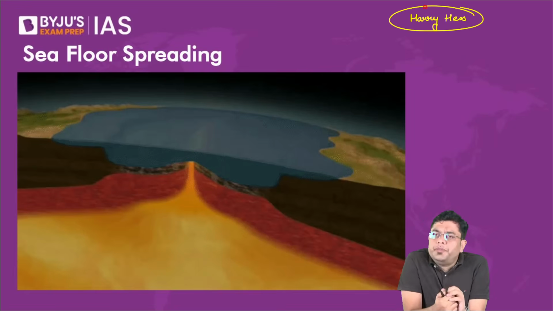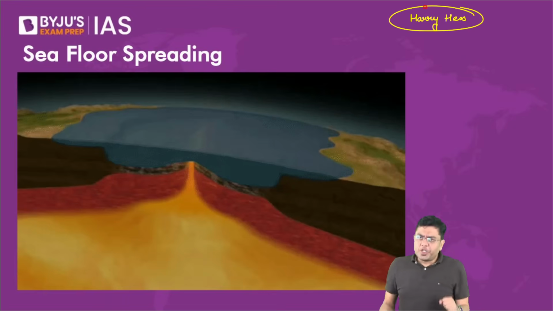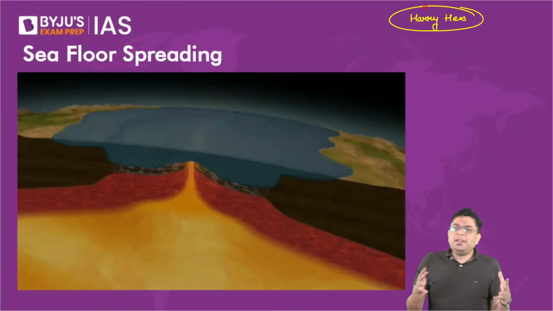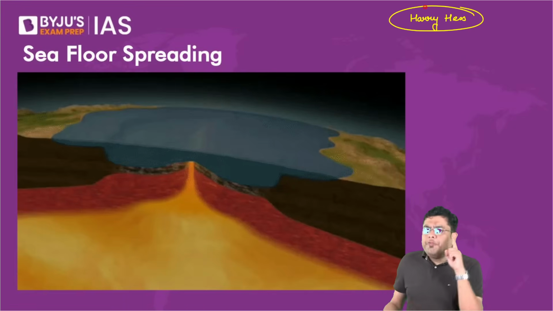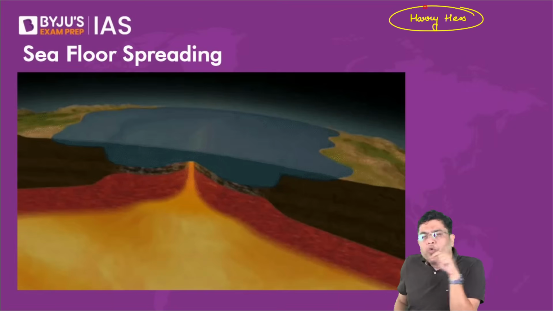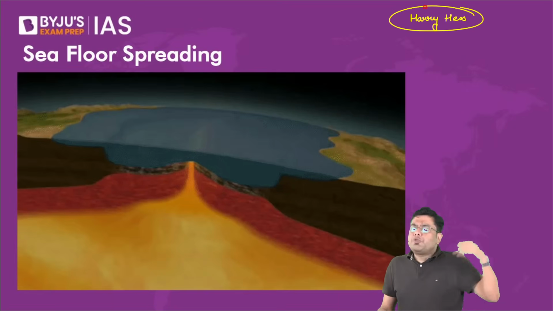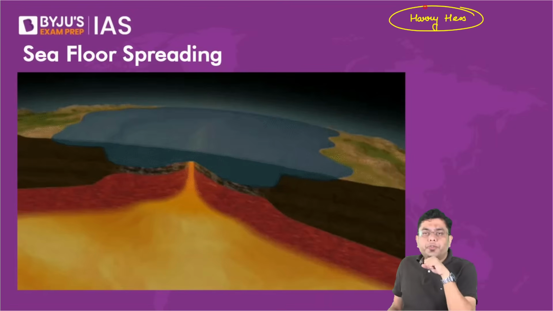He also observed a significant amount of active volcanism, that is, active volcanic activities happening underneath the ocean at the seafloor. He also came upon the observation that when he studied the Atlantic, nowhere across the entirety of the Atlantic seafloor could he find any rock or any sediment which was older than 200 million years.